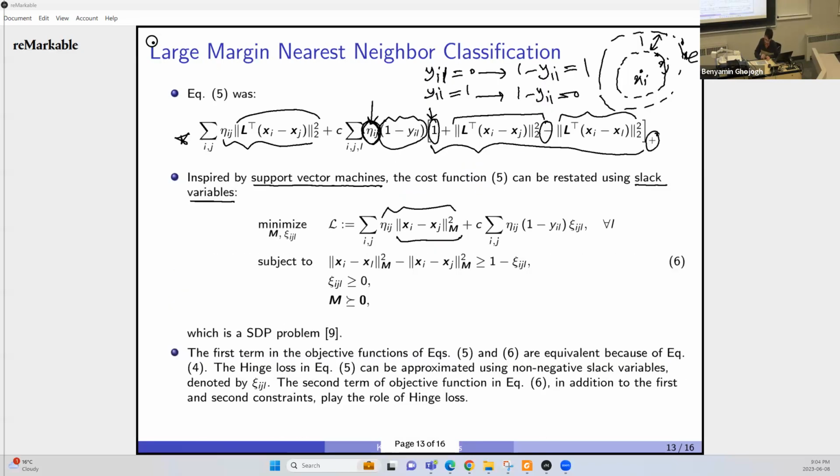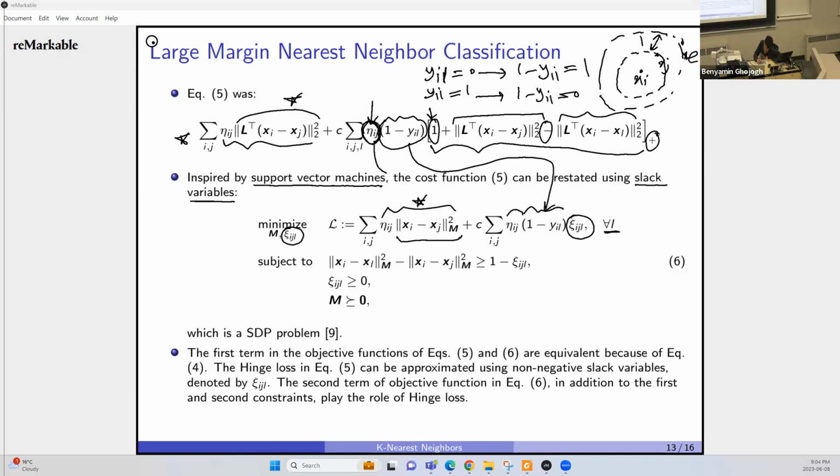So here, I'm repeating this term here again. And what do I do here? I add this slack variable as also one of the optimization variables, for all l. What do I have? This is 1 minus yil, which I have here. I'm repeating it here.